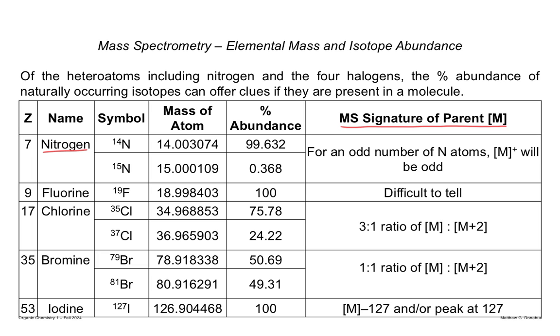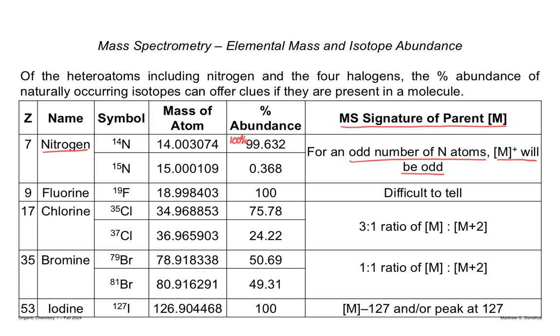So if there is a nitrogen, because it's 100% abundant N14, if there's an odd number of nitrogens, the parent mass must be odd. So if you're looking at a piece of data and the parent mass is like 47, so that's an odd number, you can say, okay, 14 of that 47 belongs to nitrogen. And then you make the assumption, okay, everything else is carbon and hydrogen.